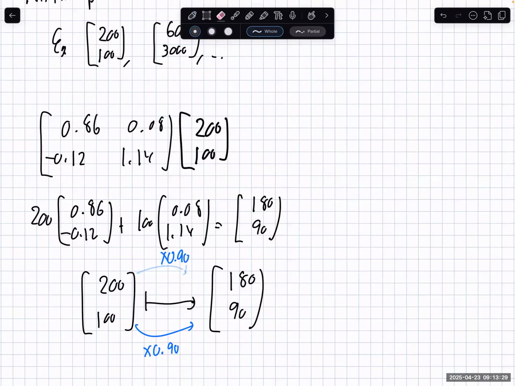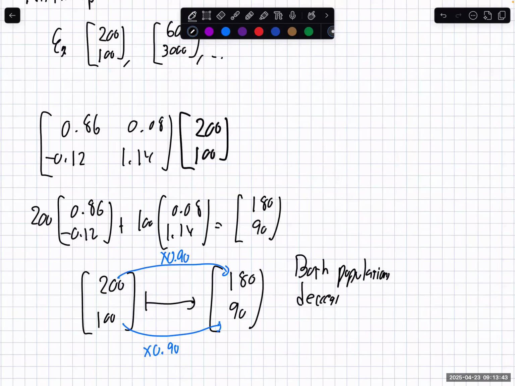So both populations decreased by 10%. Okay, and those special ratios are rare.